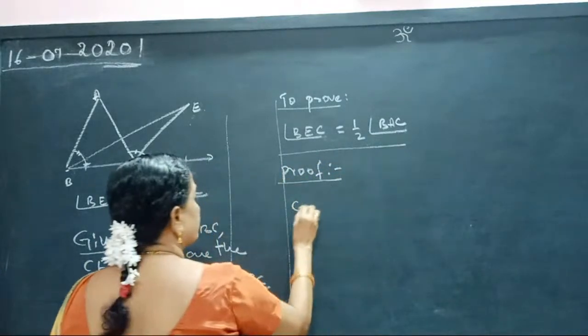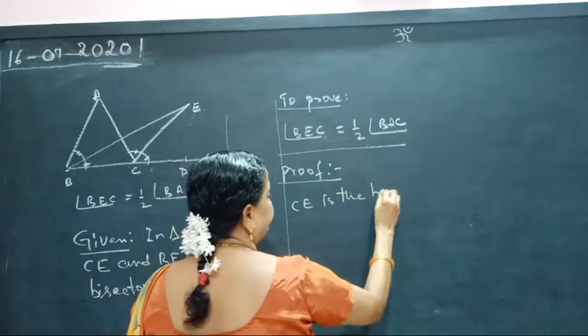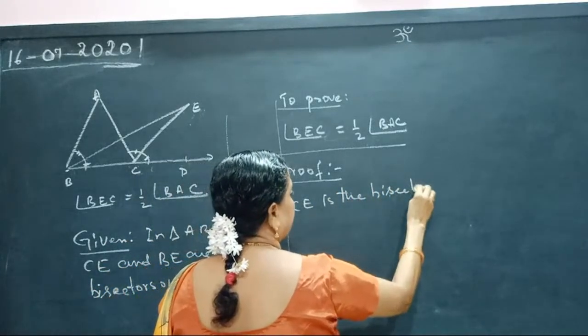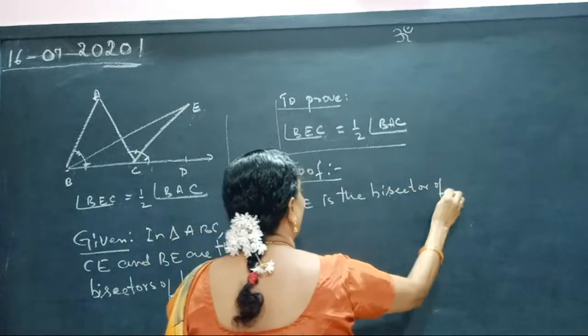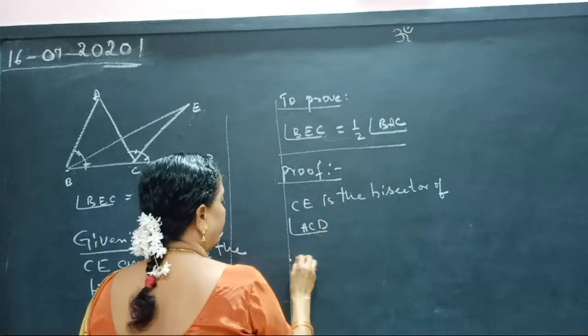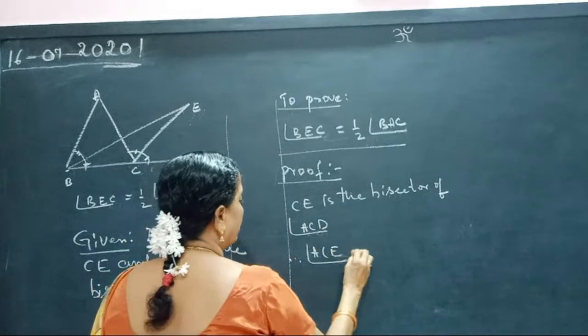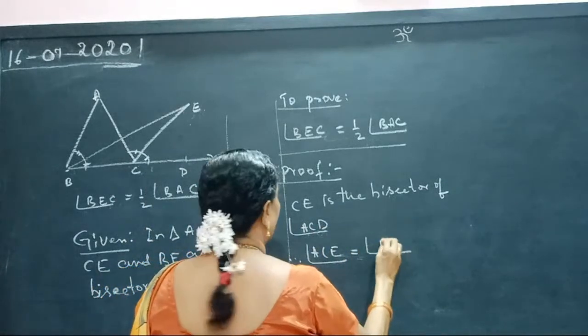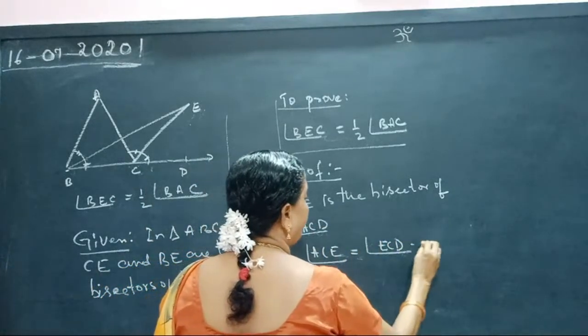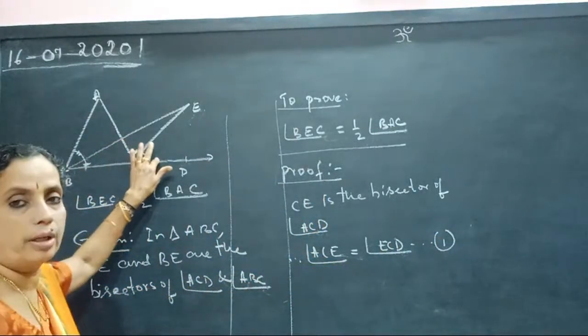CE is the bisector of angle ACD. Therefore, angle ACE equals angle ECD. These two angles are equal.